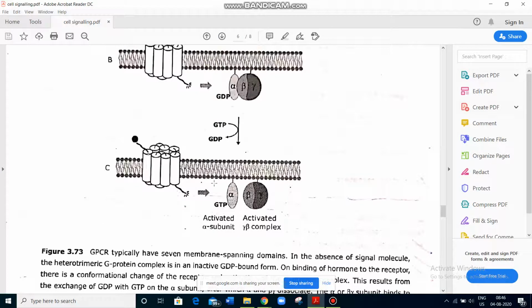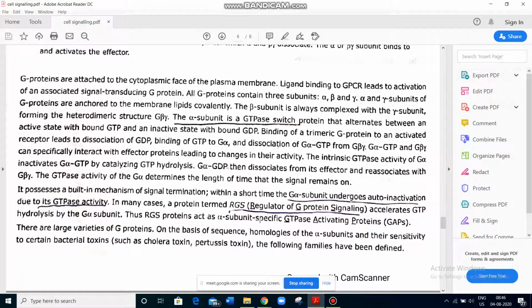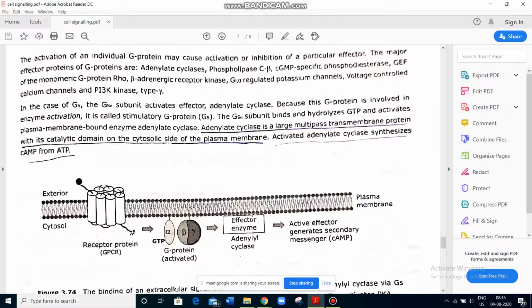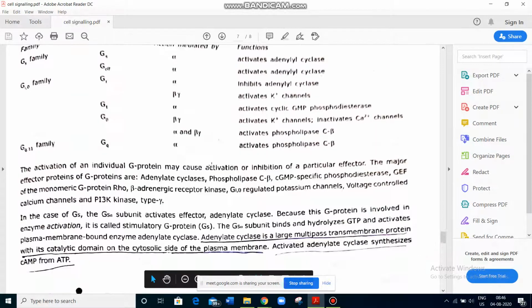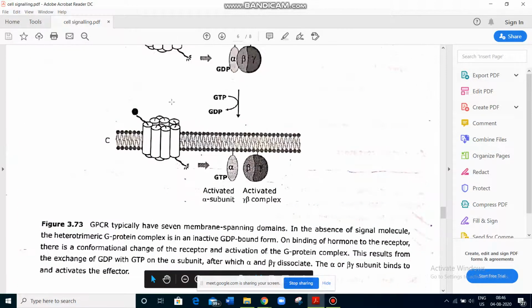Now what is the next consequence of the G protein activation? Here we are in this form. Previously the alpha and beta gamma subunits got separated when GTP bound to the alpha subunit.